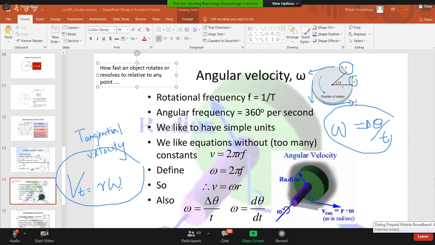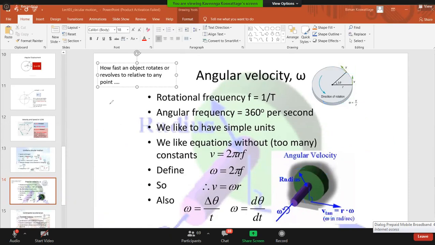R is the radius of the circular path. So here this is tangential velocity, and it is in the tangential direction. Right? So hope it is clear. Any questions?